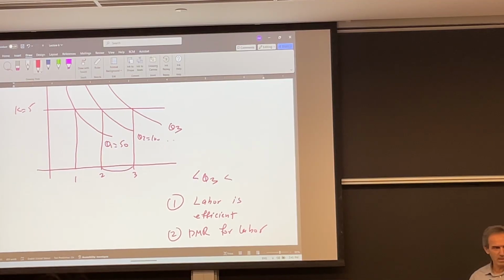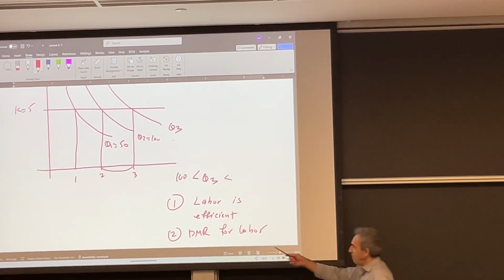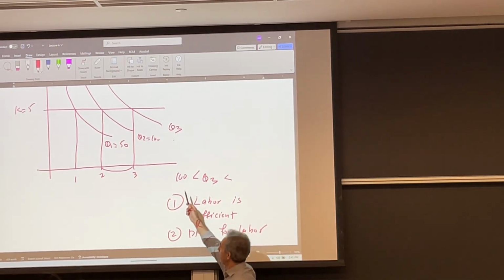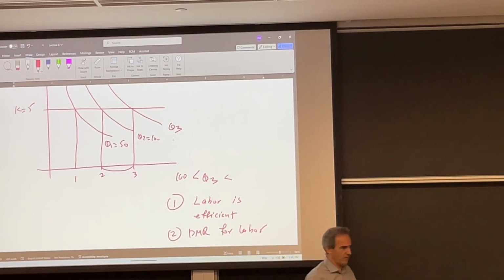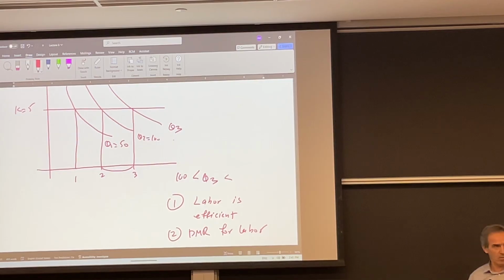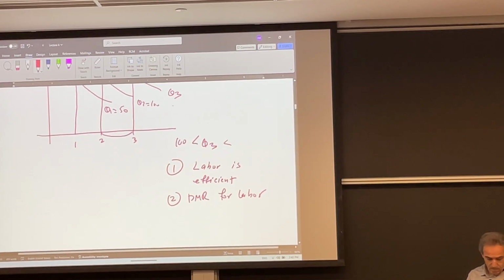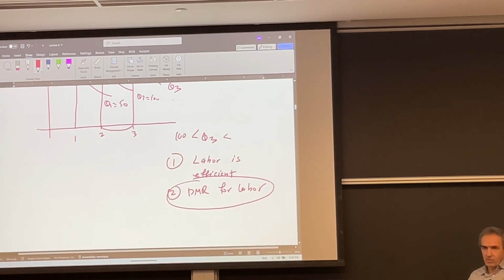It should be more than? Yep, more than 100. Because the first labor went from 50 to 100, that third one should push you up. It cannot be less than 100, it's inefficient. Even if it's 100, it's inefficient. It has to be more than 100. So the lower end of the range should be 100, otherwise the labor is inefficient. It produces nothing or a negative number. What about DMR? DMR should give you the upper end of the range. How do you verify DMR?